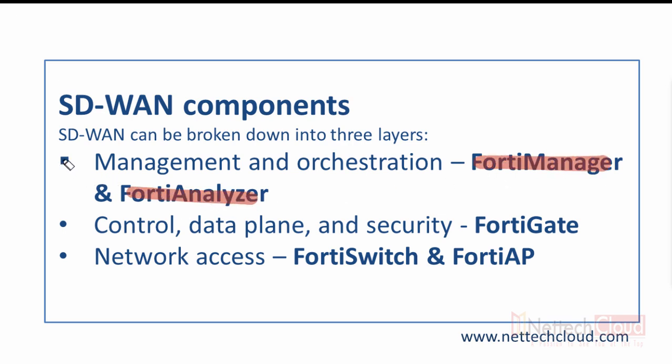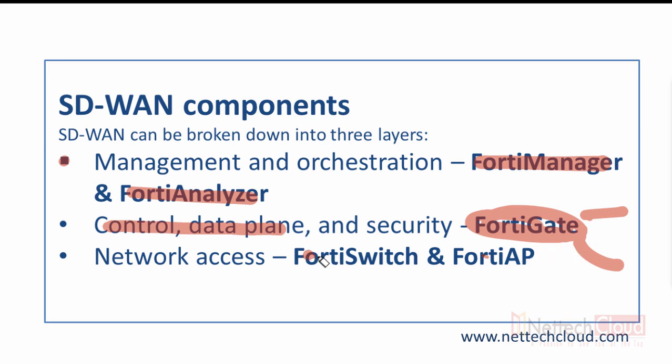They both mean the management and orchestration plane, the control and data plane, and also security, meaning your FortiGate firewall. There is no separate dedicated device. FortiGate firewall means your SD-WAN device. So the SD-WAN device is doing routing and all the SD-WAN functionality plus firewalling, same box, same device.